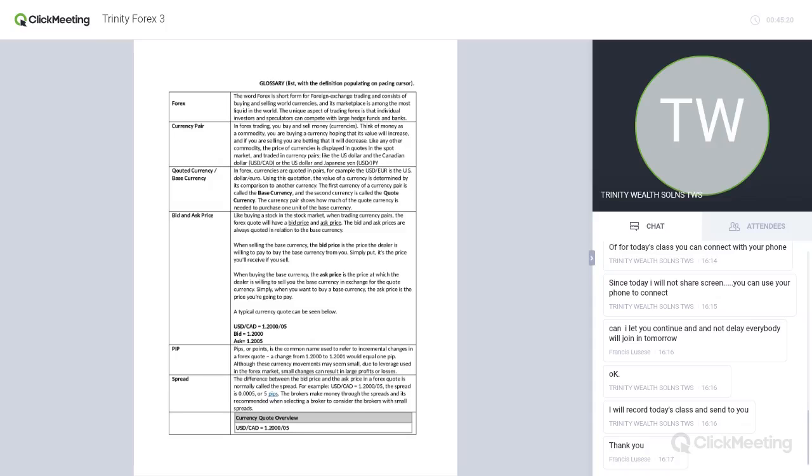But it's good to have this understanding as we use some of these terms, so you understand what we mean by that, all right? And the brokers make money through the spreads, and it's recommended when selecting a broker to consider brokers with small spreads. As I mentioned, the difference between the ask price and the bid only makes more sense when you're selecting a broker. Otherwise, once you've already picked a broker you're comfortable with, then you need not consider it so much.